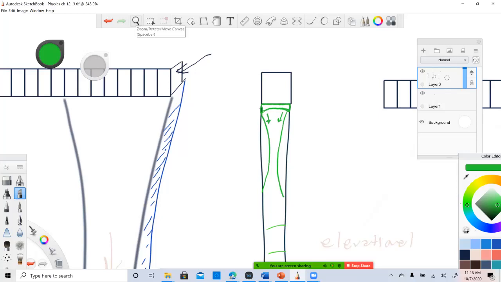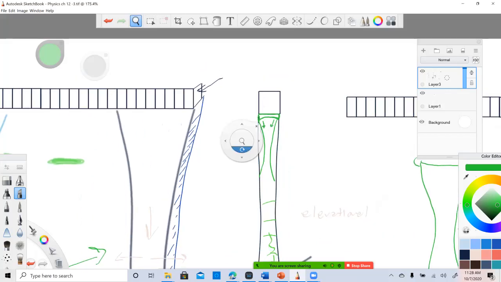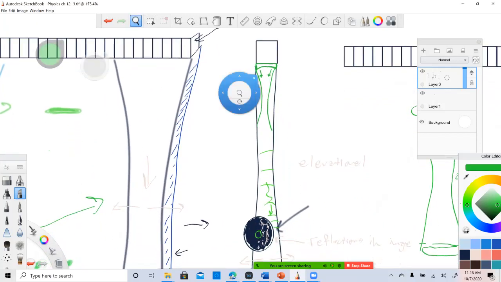The book is saying, and I believe it's simplified a little bit too much, that so far the only elevational focusing that we can get is from an external or internal lens.